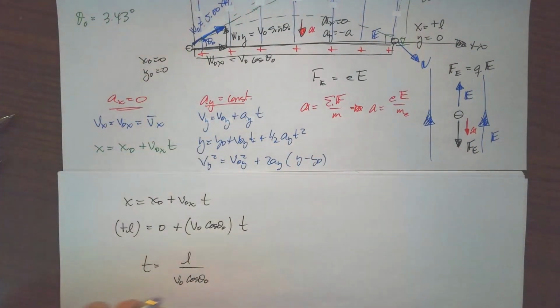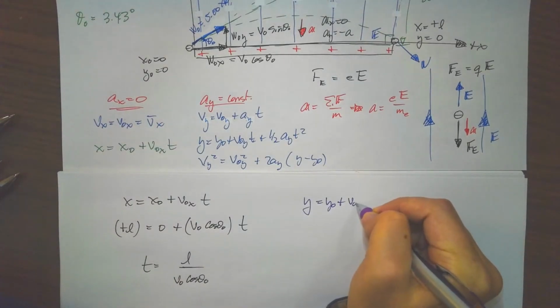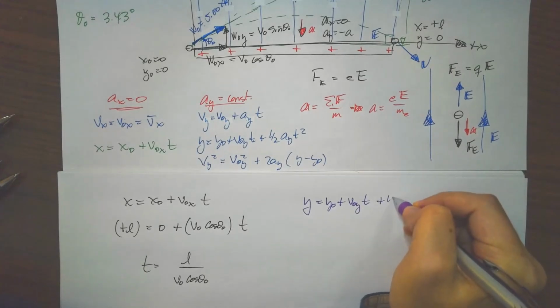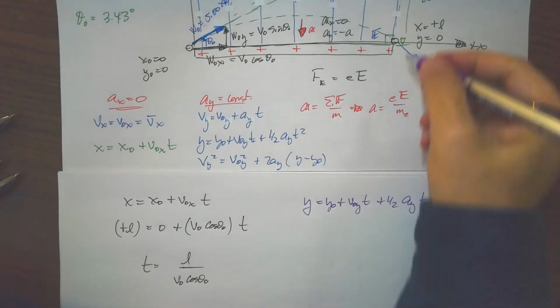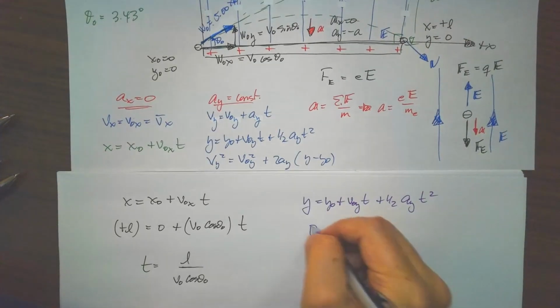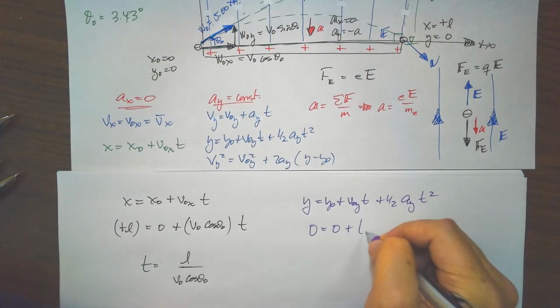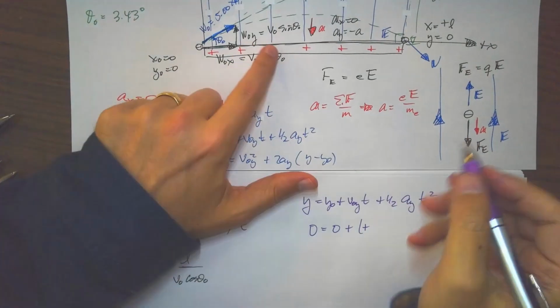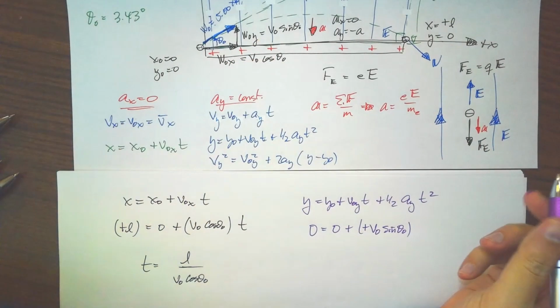And then if I plug that into the y equation, my final y position here is going to be 0. The initial y position was also 0. The initial y velocity was up, and it would be this V_0 sine of theta naught.